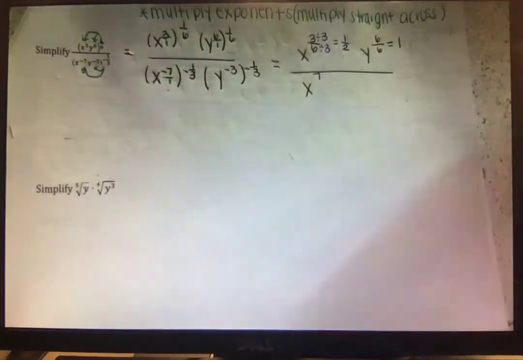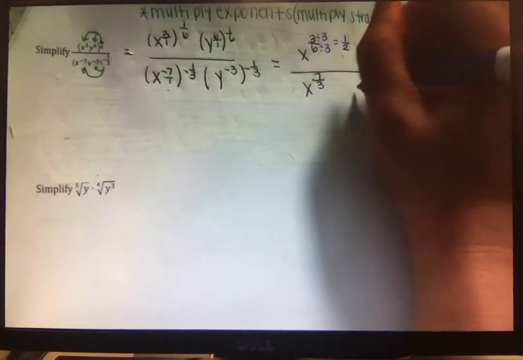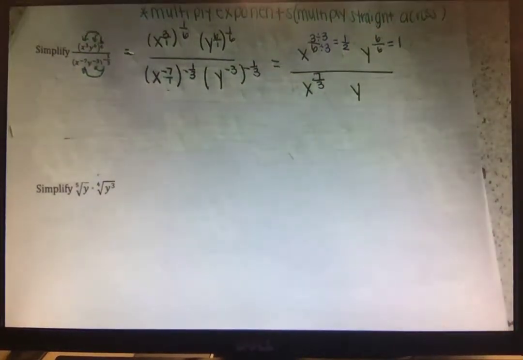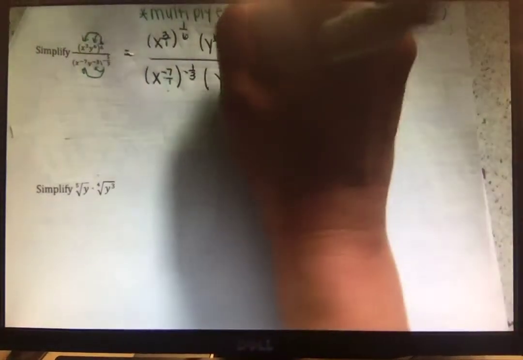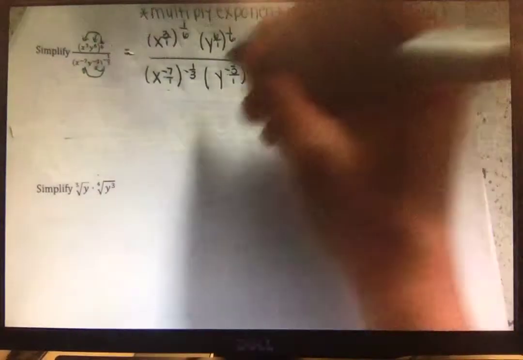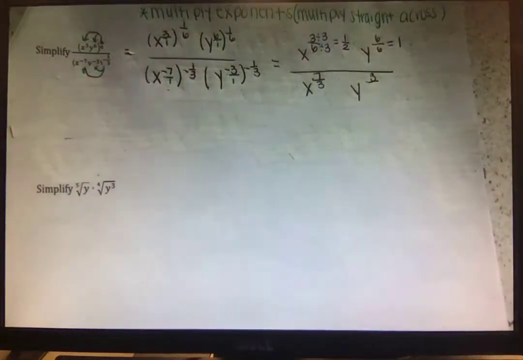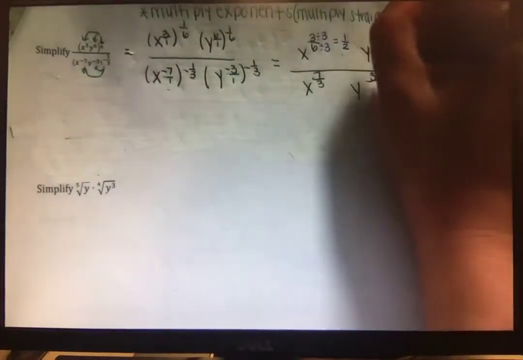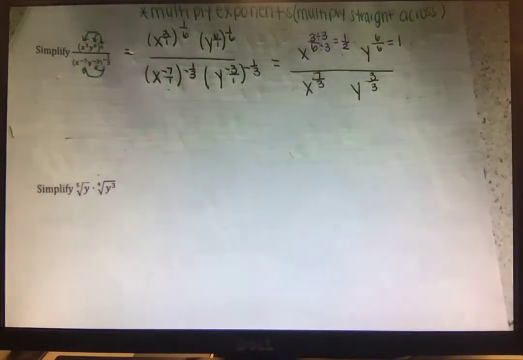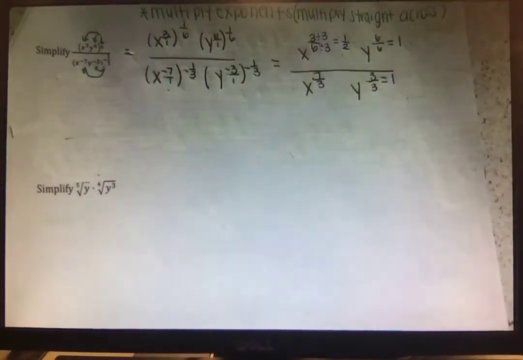So x, -7 times -1 is +7, 1 times 3 is 3. Y, -3, which is the same thing as saying -3 over 1, times -1/3. -3 times -1 is +3, over 1 times 3 is 3. 7/3 cannot be simplified, but 3 over 3 can simplify down to 1.